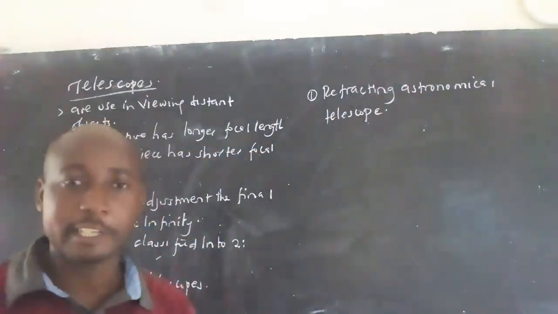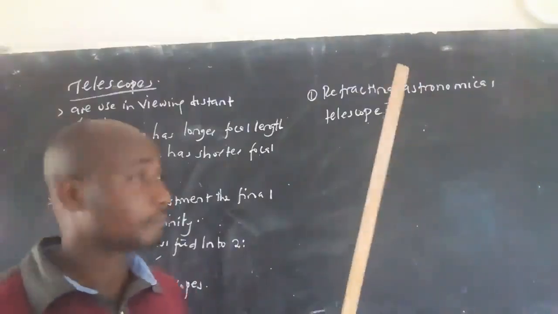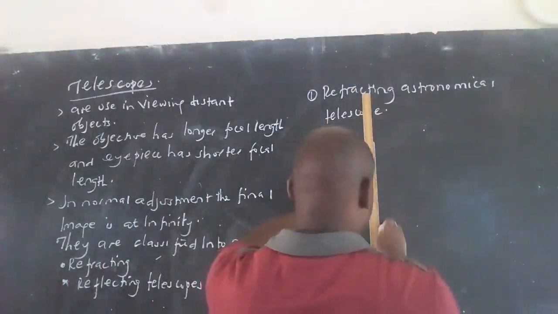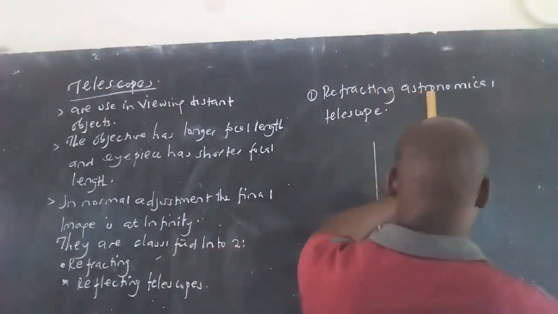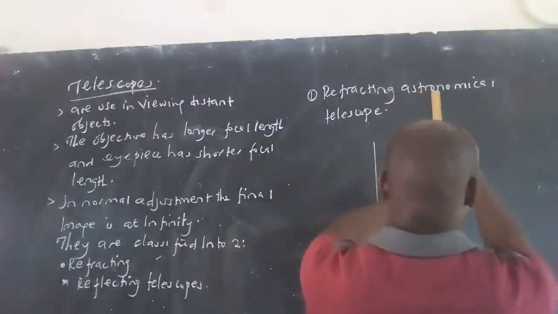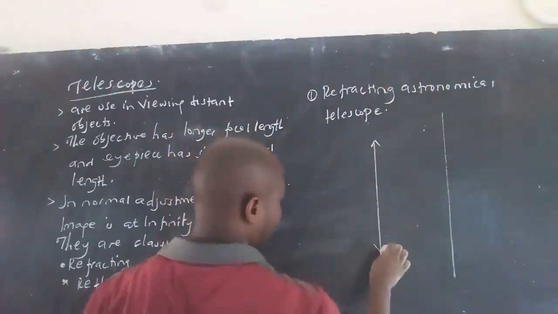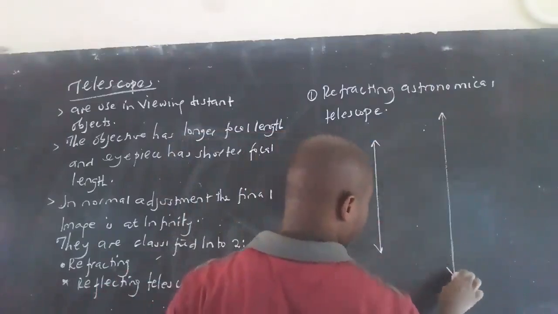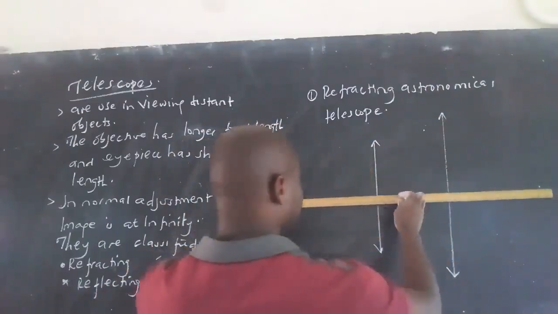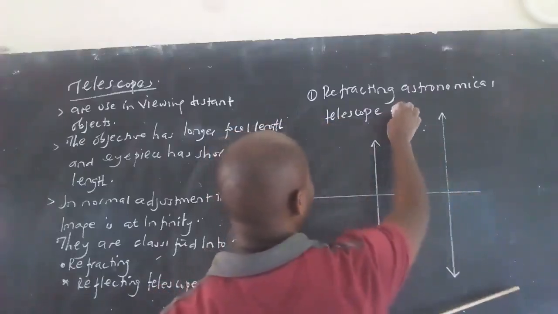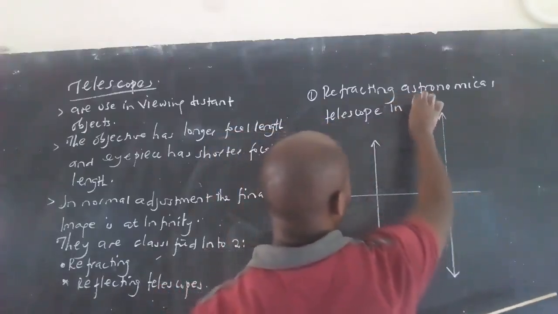So I'm going to just explain how it can be used. This is the principal axis, in normal adjustment.